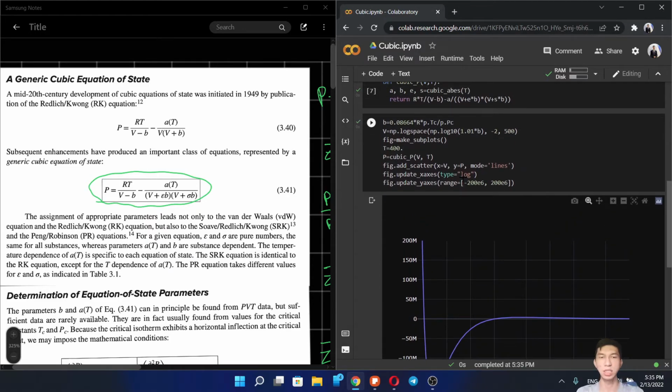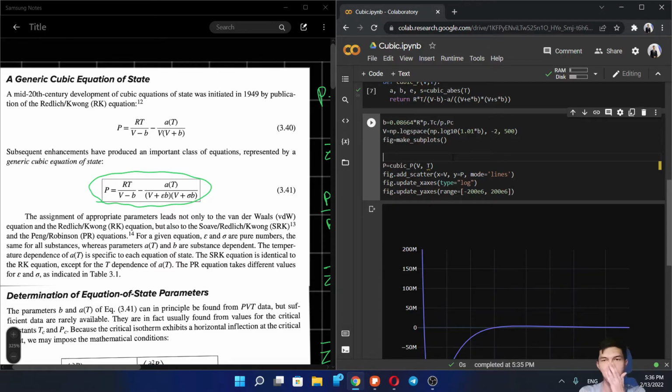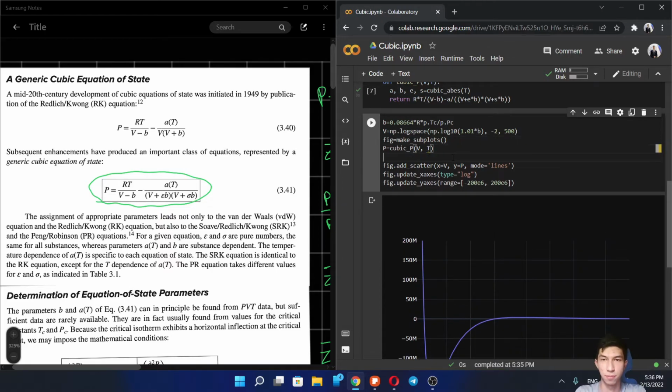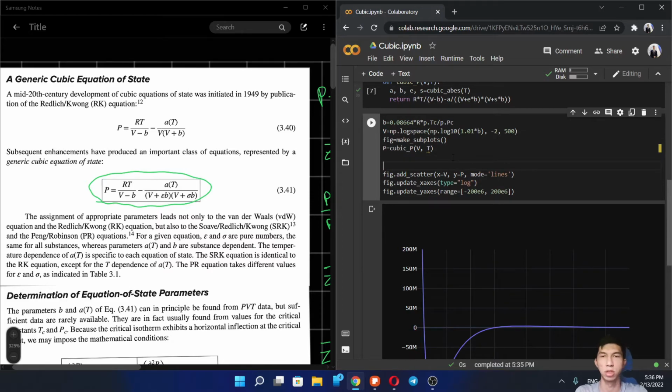So now let's try to plot our cubic equation of state for temperatures starting from 275, which is greater than 1 Kelvin, until 800, right? Like 775, let's say that's going to be our last value. So we don't need this value anymore. We're going to have to create a repetition loop.